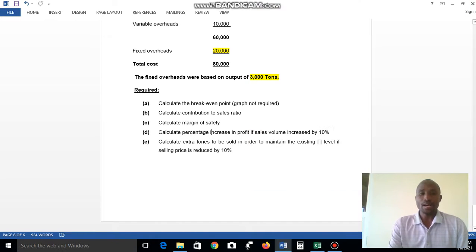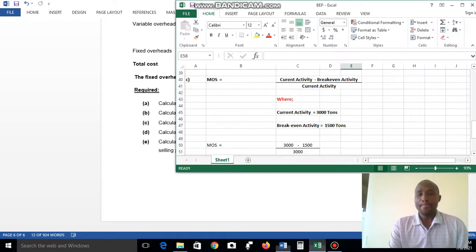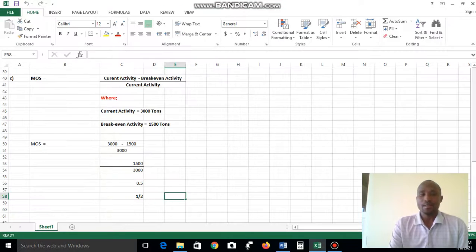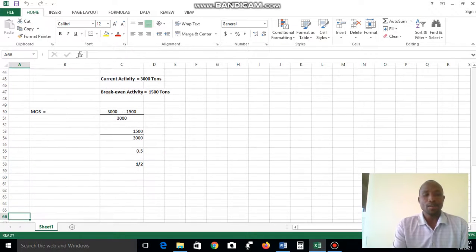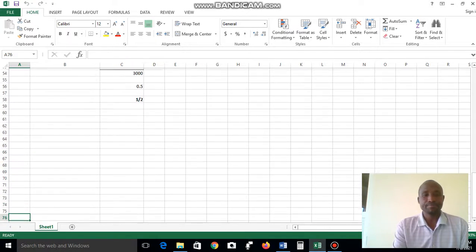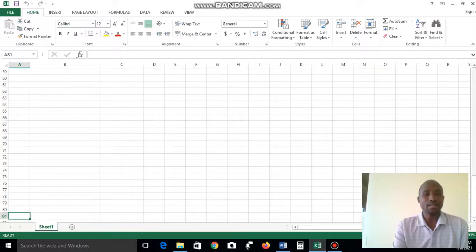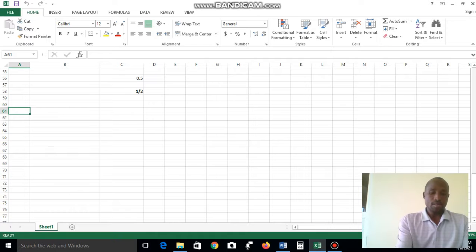Here we are being asked to calculate the percentage increase in profit if sales volume increased by 10%. Have part D at your fingertips.